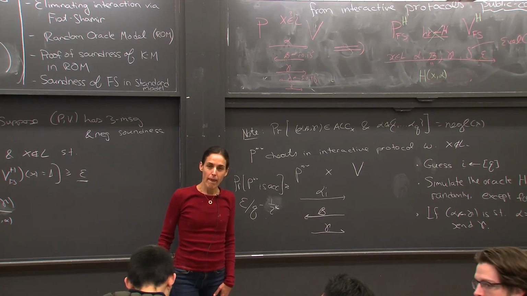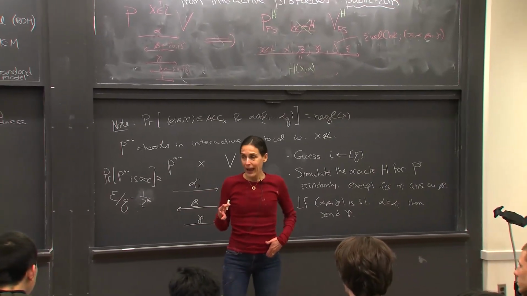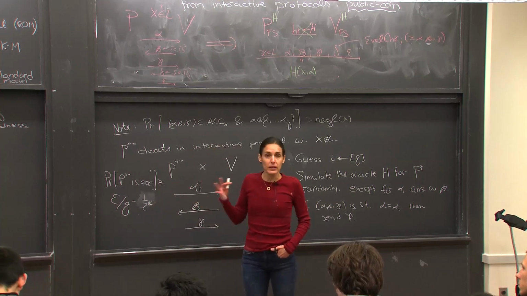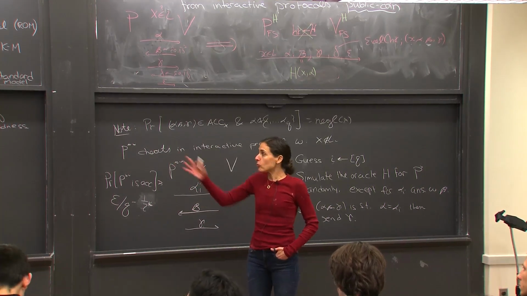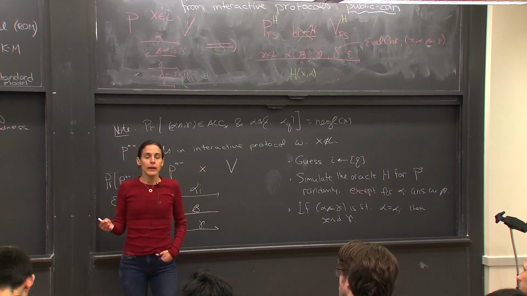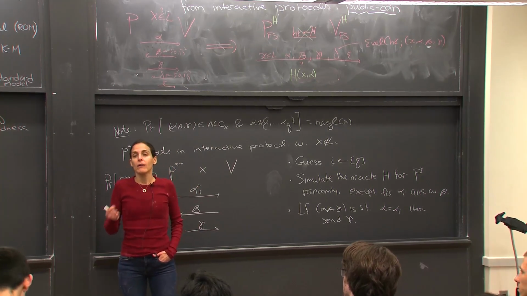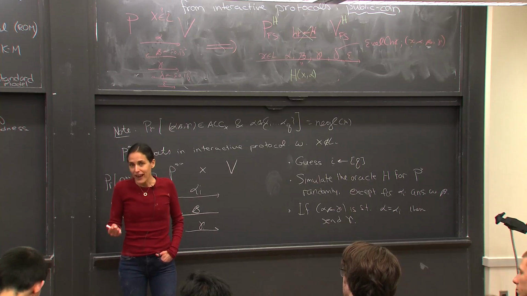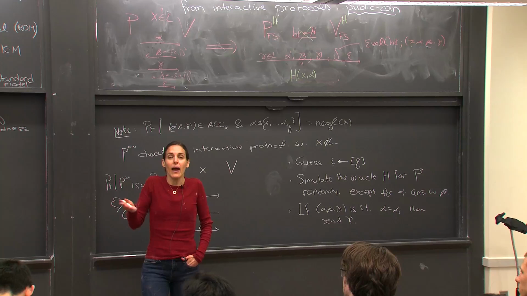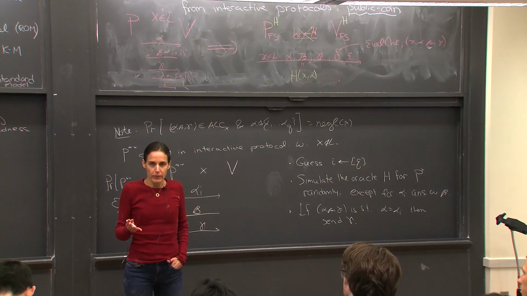How do I know q? Very good question. I actually don't know q, and q can even be a little bit adaptive. Maybe this cheating prover sends alpha 1, and depending on the beta 1 that he gets, he decides how many queries he wants to add. Maybe he's happy with his beta 1 and he's done, or maybe he's unhappy and sends another. So the number of queries can be adaptive.